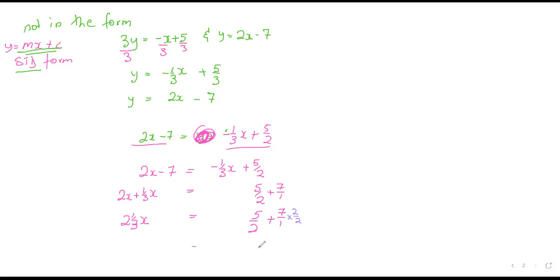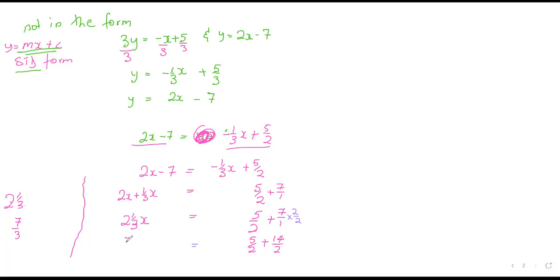And that will give you 5 over 2 plus 14 over 2. And here we have a mixed fraction. We write that as an improper fraction. 3 times 2 is 6. 6 plus 1 is 7. That is 7 over 3.